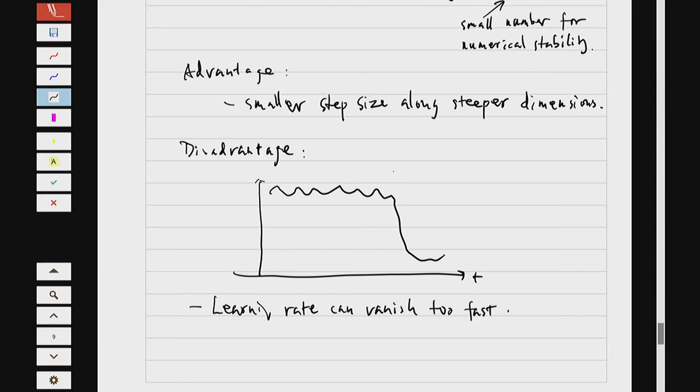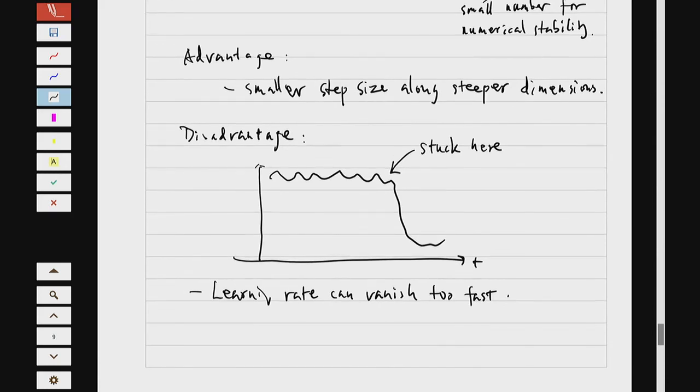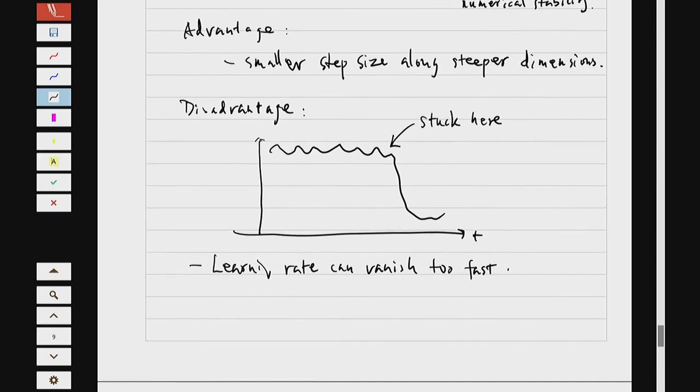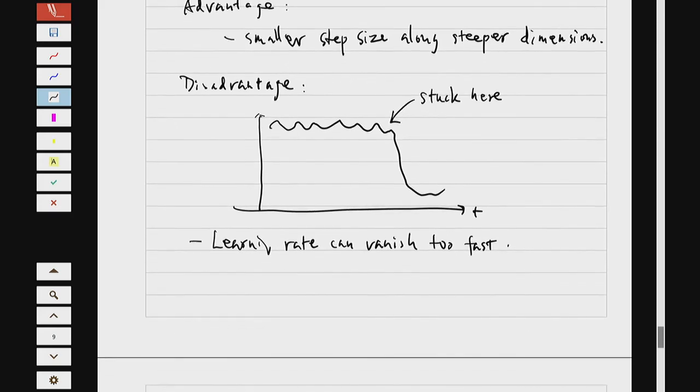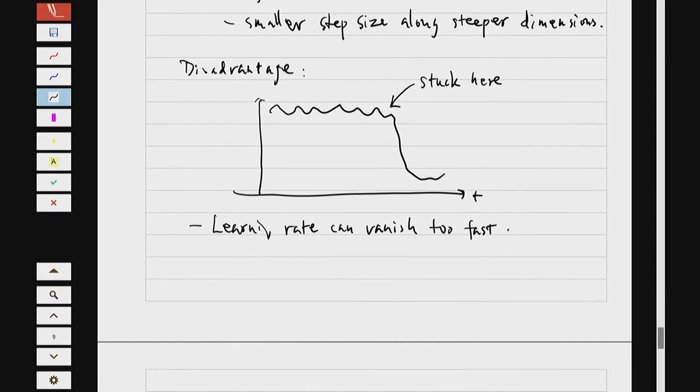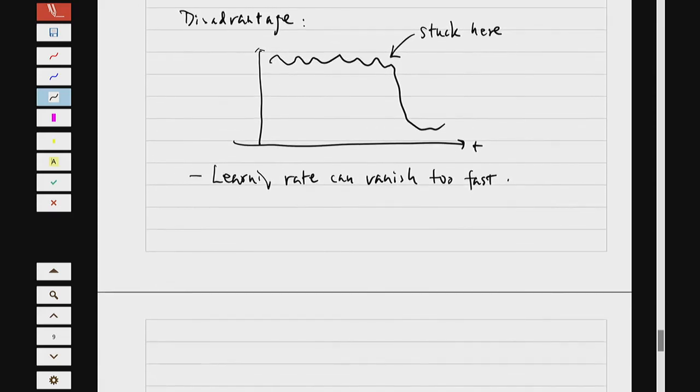Yeah. So basically, you get stuck over here, maybe. Before you get the chance to go to a much better point, the learning rate becomes too small, because it's been a long time there. These C_t values just keep remembering the historical information, right?